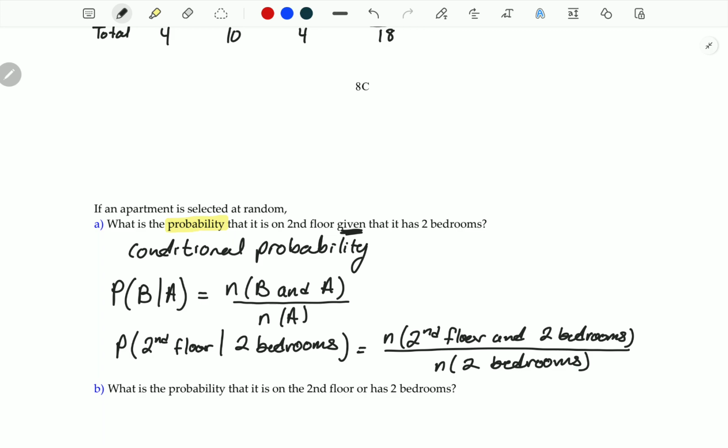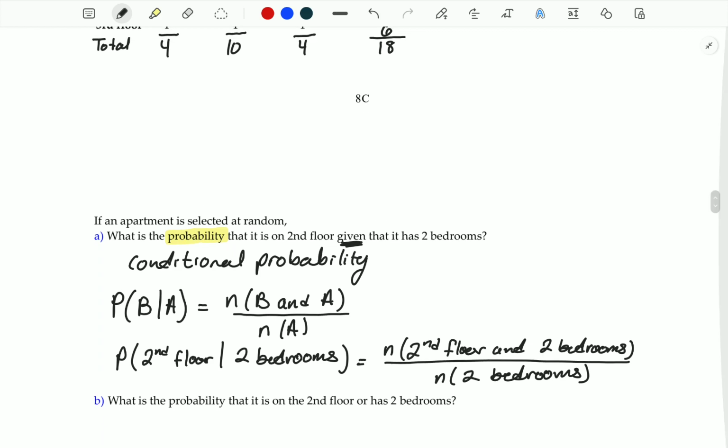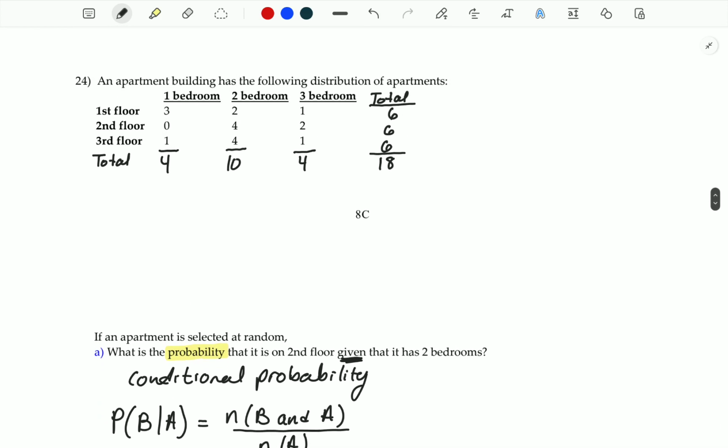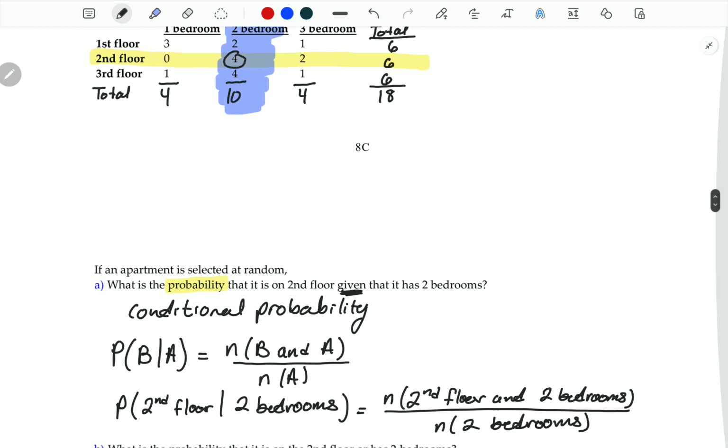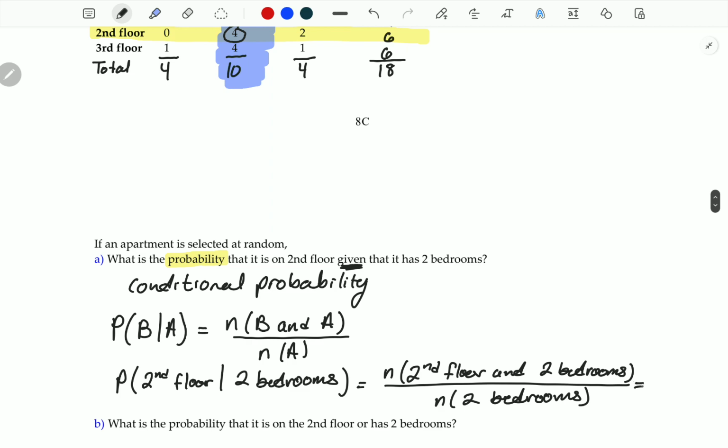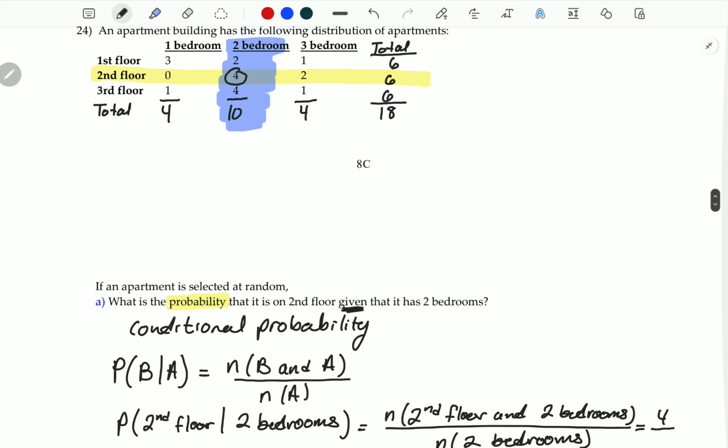And now we can refer to our table to determine that. For second floor and 2 bedrooms, it is where the events overlap. Second floor is here. 2 bedrooms is right here. Where do the events overlap? They overlap at the value of 4. So the intersection of my events is going to be 4, divided by the number of apartments that have 2 bedrooms.